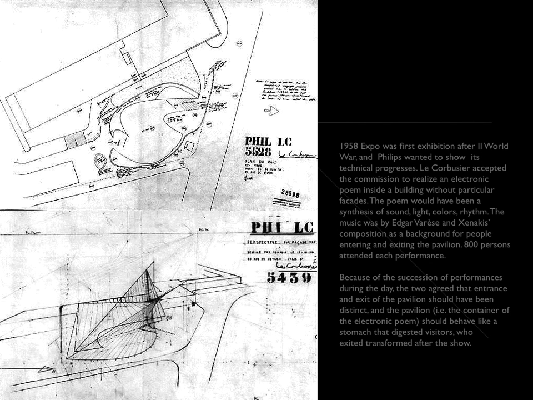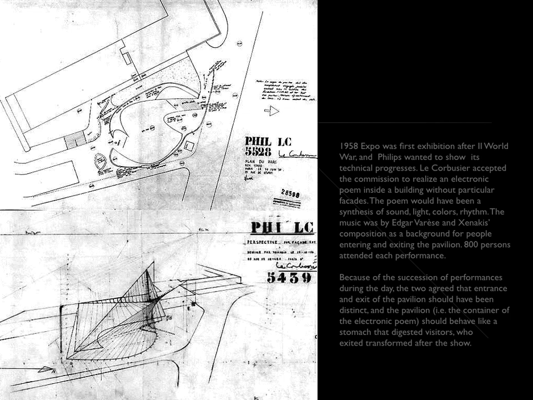The composition was, in a sense, background for entering and going through the pavilion, and about 800 visitors were able to attend the performance, slowly moving through this exhibition space.